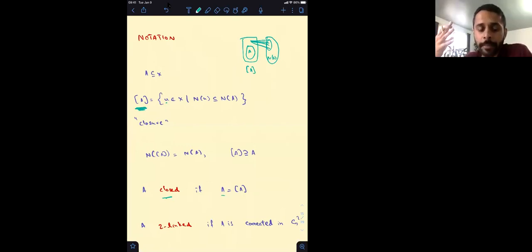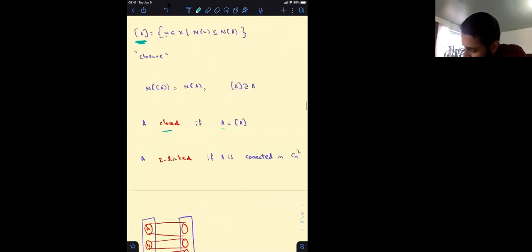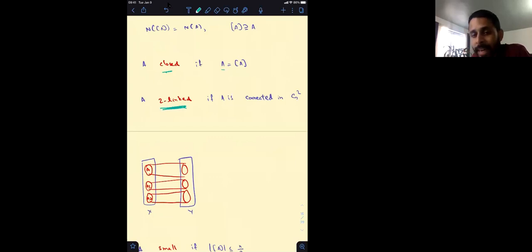Okay, and we say A is 2-linked if A is connected in G squared. That just means the square of the graph: U is connected to V in G squared if the distance between U and V is at most 2, so you connect all the vertices at distance at most 2.